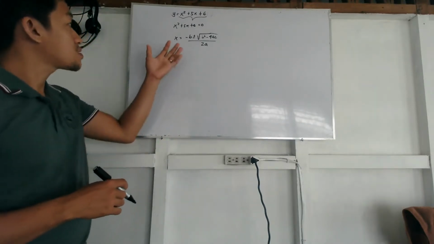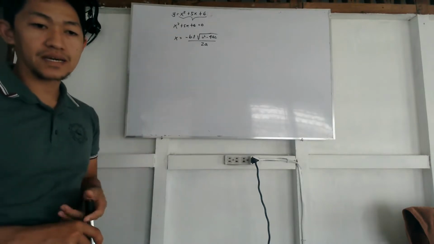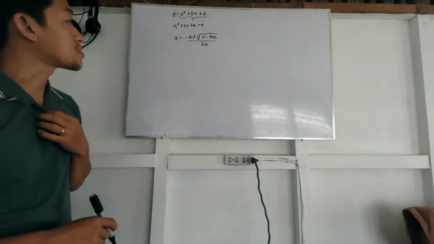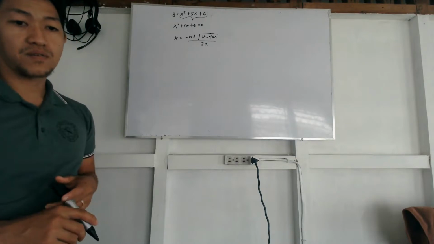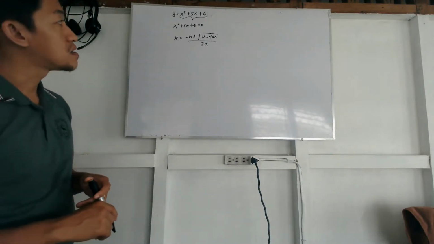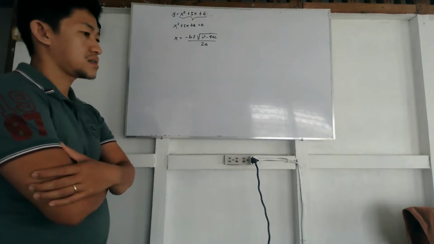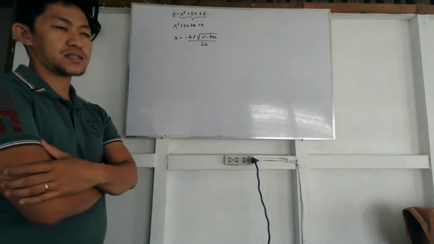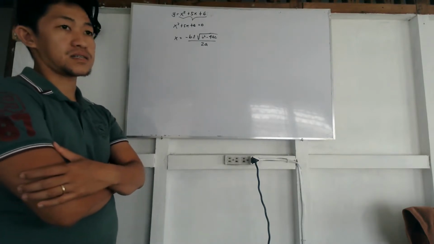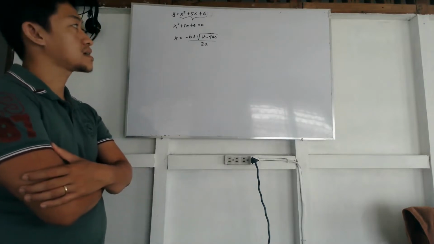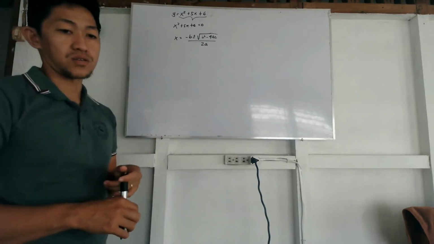The way to solve this one is that you simply input the given values. However, for higher order functions or polynomials, it is not that easy to determine the roots of the equation.